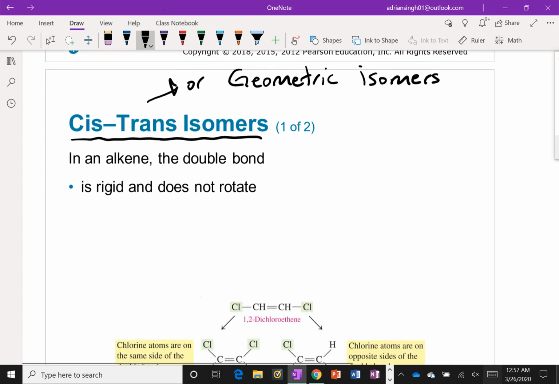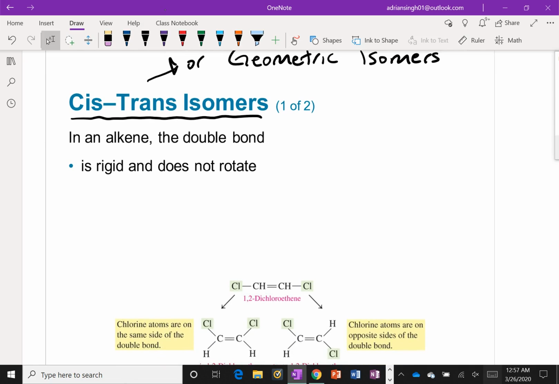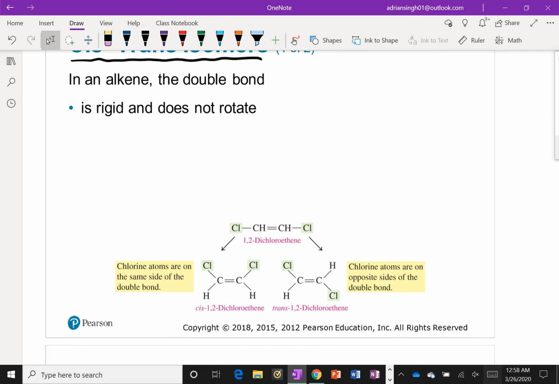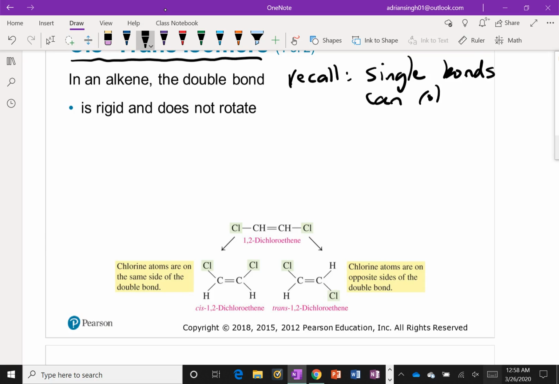Now, the reason why this type of isomerism exists is because when you have a double bond in an alkene, that double bond is very different than a single bond. Recall when we looked at the first part of the chapter, single bonds can easily rotate. They can rotate around very easily.